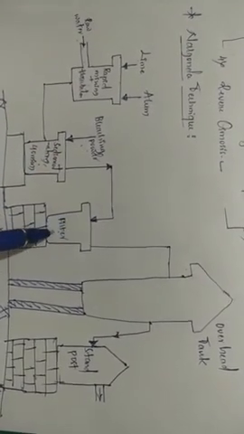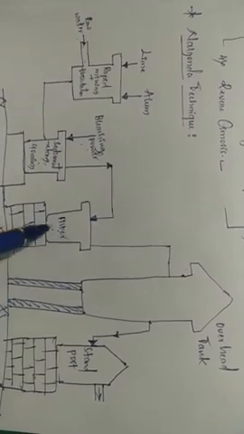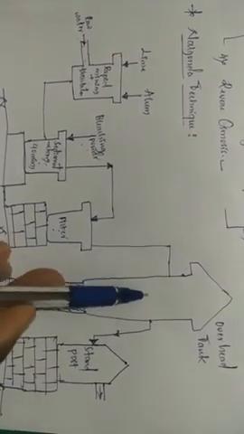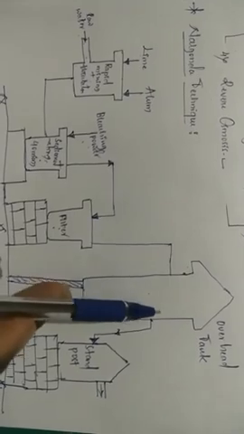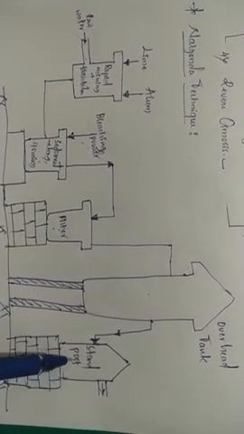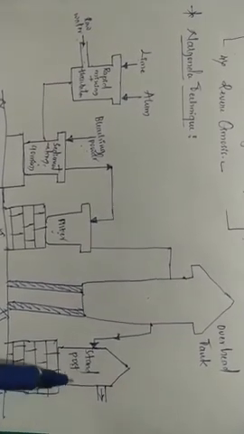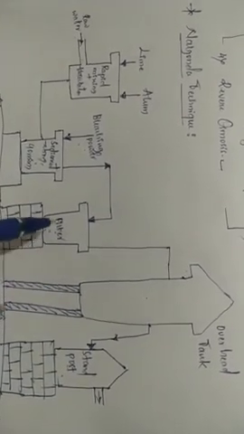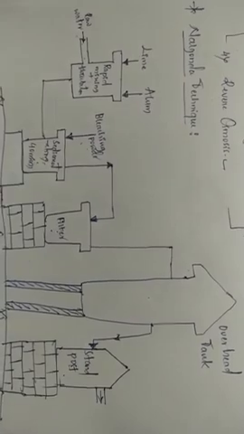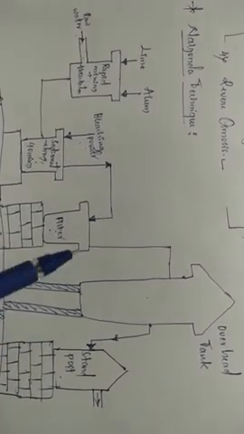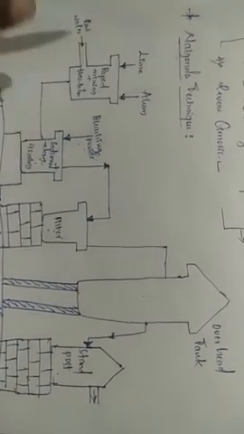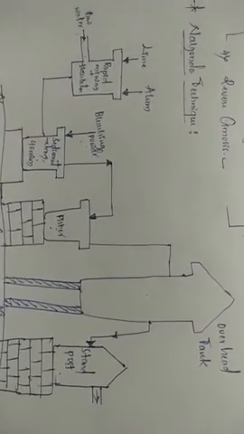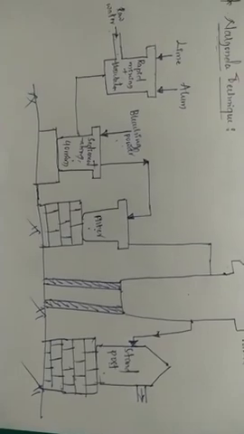The filtered water is pumped to the overhead tank, and from the overhead tank it is supplied to the stand posts installed in the villages. This is the technique of removal of fluoride from the water, that is defluoridation. This technique is called the Nalgonda technique. So this is fluoridation and defluoridation of water.